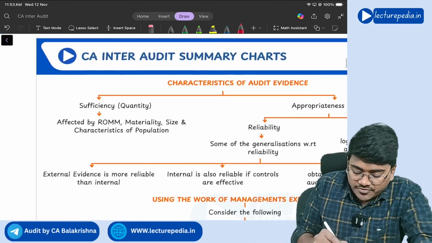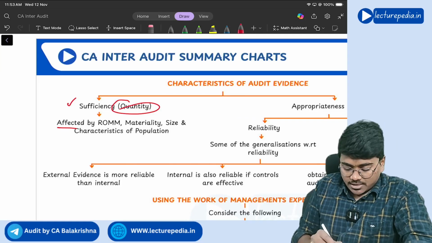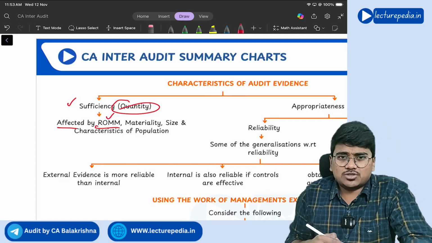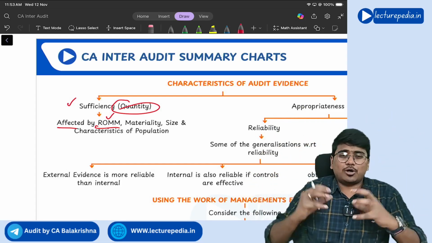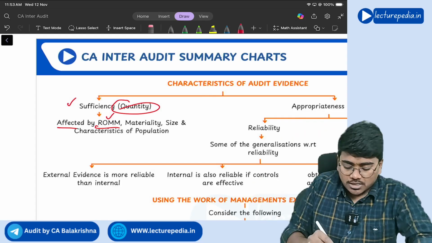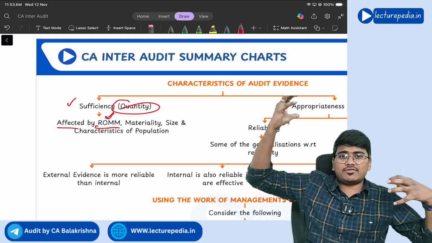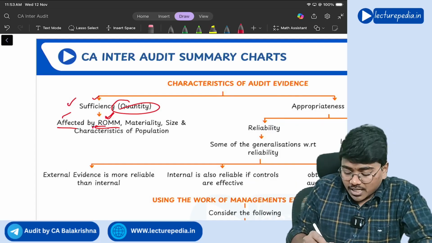Sufficiency is a quantitative aspect affected by ROMM, risk of material misstatement. So how much audit evidence you have to obtain depends on the ROMM. If ROMM is high, you will obtain more audit evidence, correct or not? So sufficiency will be affected by ROMM.